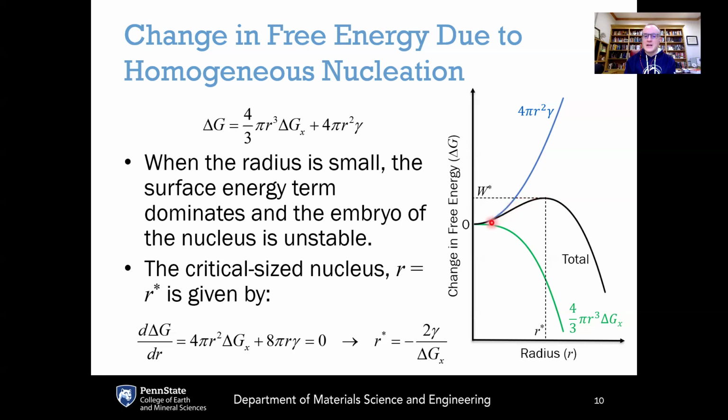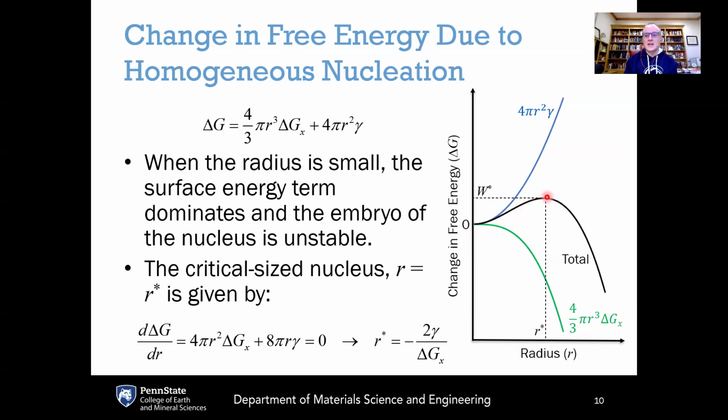So if you are at any sized nucleus between 0 and the location of this maximum, which is defined as R star, so any nucleus that is smaller than R star, the negative direction of the free energy, or in other words, the downhill direction of the free energy, is moving towards a smaller and smaller value of R. In other words, for any nucleus of a size R less than R star, it can lower the free energy of the system by shrinking, by going to smaller values of R until it disappears and reaches 0.